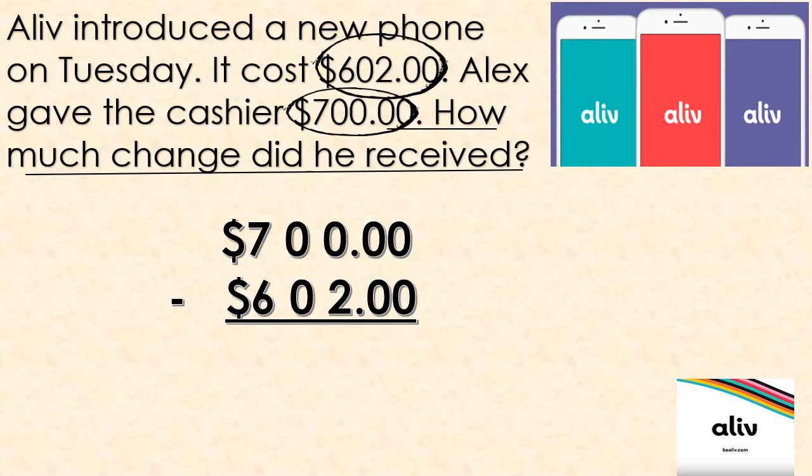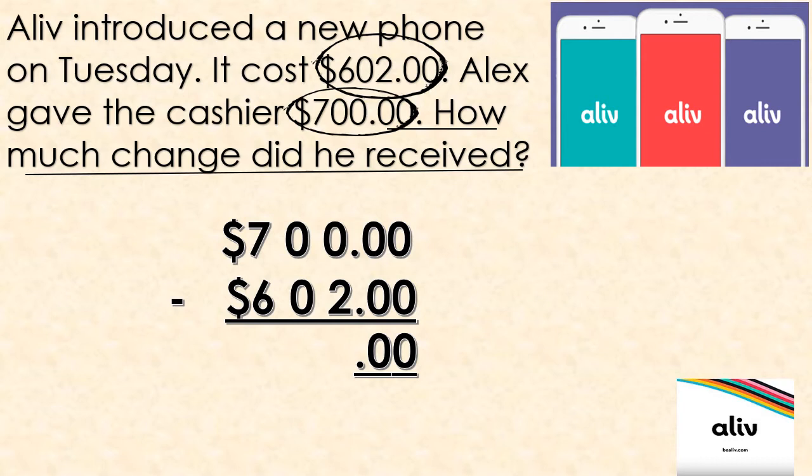We will start subtracting from the smallest place value, the hundredths place. Notice the digits in the hundredths place are zeros, so we put down our 0. Go to our tenths place. Both digits in the tenths place are zeros as well, so we put down our 0. Remember to put back your decimal point.